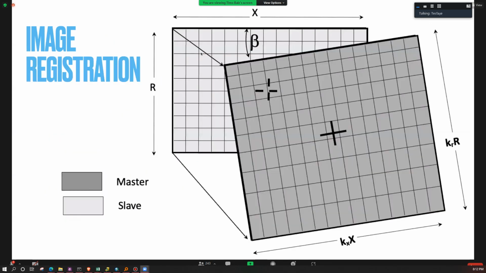Okay. So after we do that, we register one image to the next image, right? Most of the times you can assume it's only an affine transformation, but you can also assume a second-order polynomial transformation.